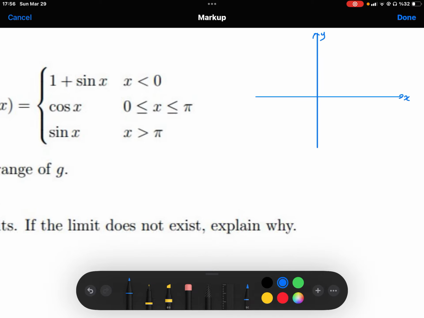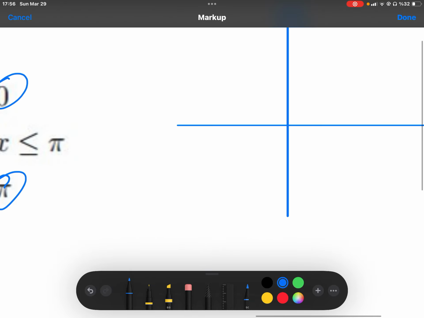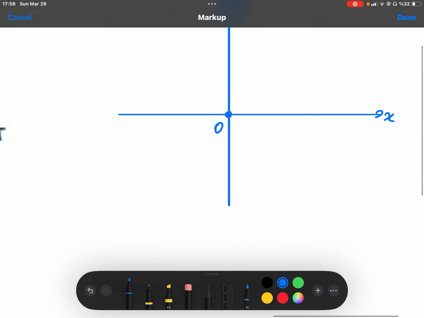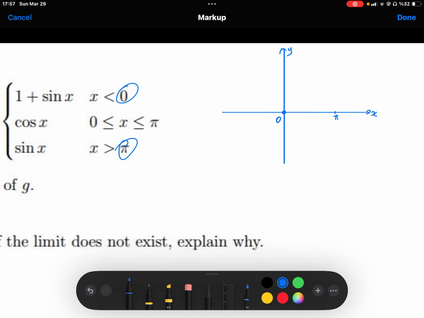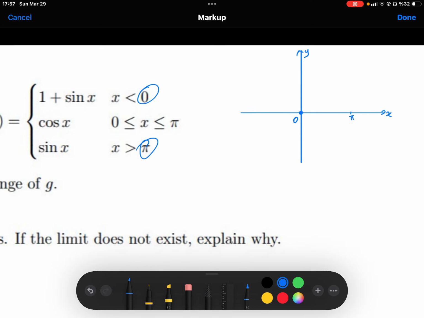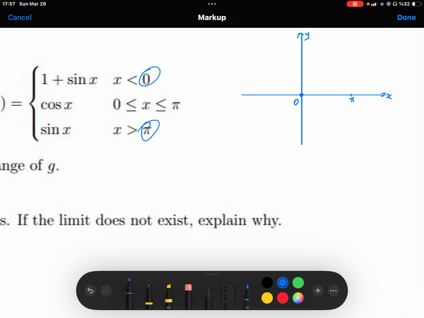Here are the reference points pi and 0, 0, and let's consider here's the pi. Now, for every x value which is less than 0, we will have 1 plus sine of x.